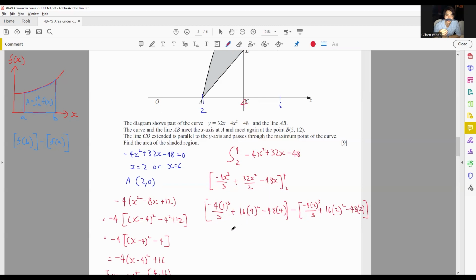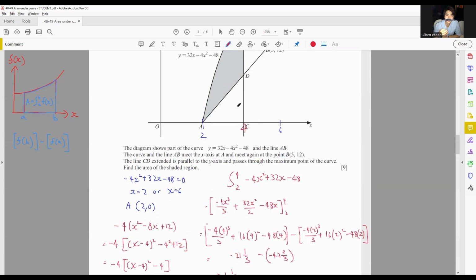Typing this into your calculator, you should have gotten negative 21 and 1 over 3. And typing this into the calculator, you would have gotten minus the negative of 42 and 2 over 3. So ultimately, you would have just gotten 21 and 1 over 3 as your area under the curve.